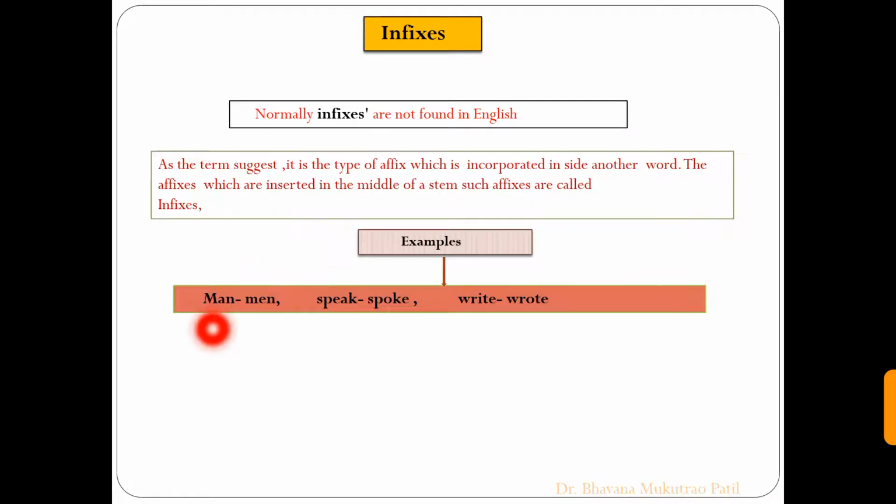Now here are the examples. Man, men. Here the morpheme is changed. Man, when we make a plural, becomes men. Speak, we change the tense: speak, spoke. Now the middle morpheme is changed. Write, wrote. The middle morpheme is changed, and that type of thing is called infixes, but it is generally not used in English.